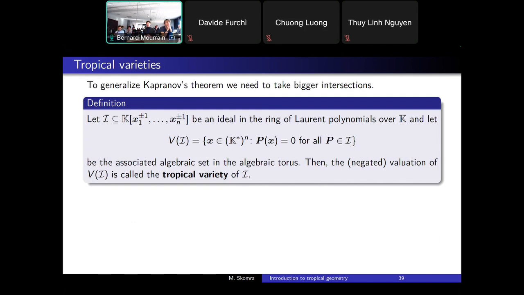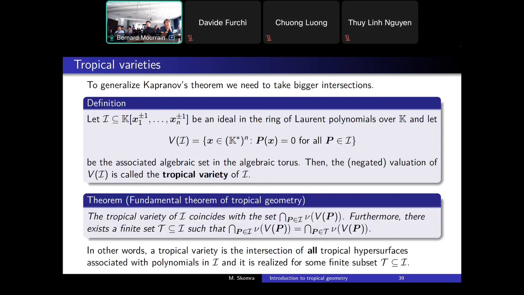So now here is the theorem that has the name of the fundamental theorem of tropical geometry. The theorem claims that the tropical variety of an ideal coincides with the intersection of negated valuations of all hypersurfaces in my ideal.